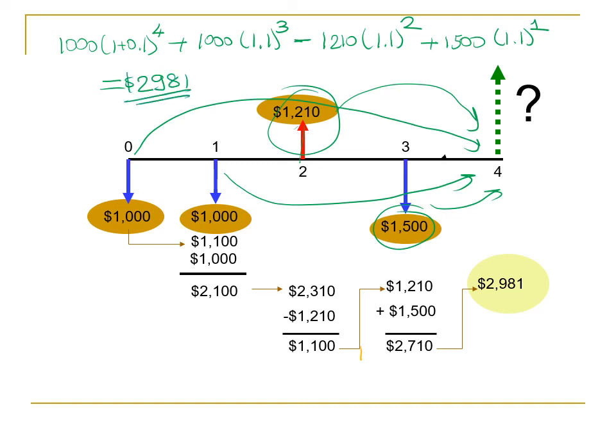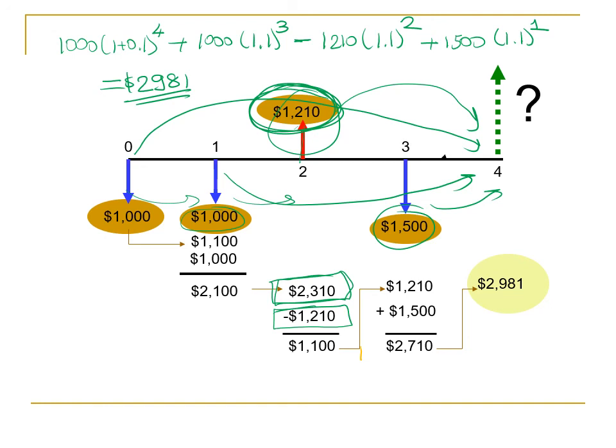Okay? You can do this calculation however you like. If you like, you can move them separately to the end of the period, or if you like, you can move them one by one and do the calculations at each period and then find the final solution. The advantage of doing this one by one will be this. Here you want to withdraw this amount and you want to be sure that the amount in your bank account is satisfactory for that transaction.